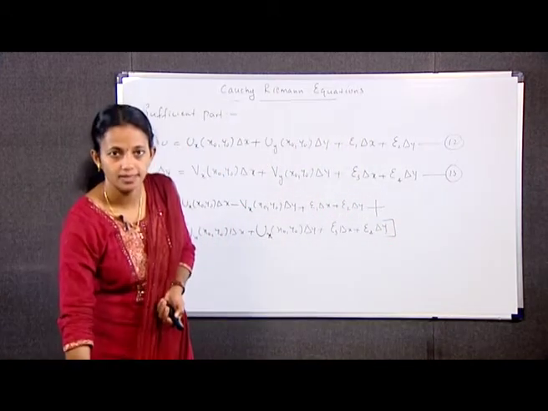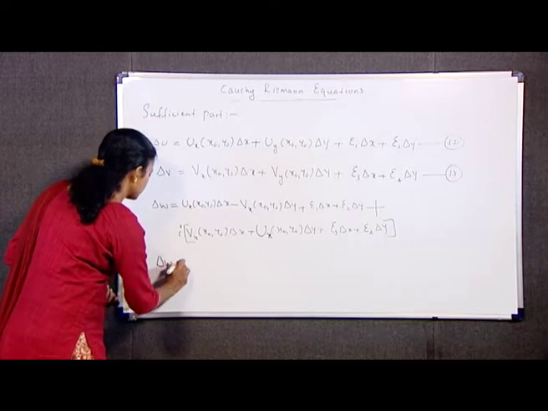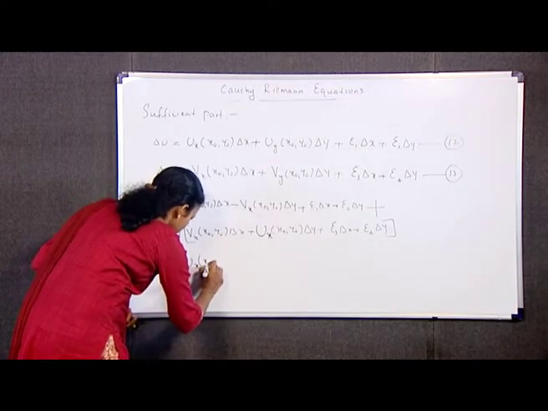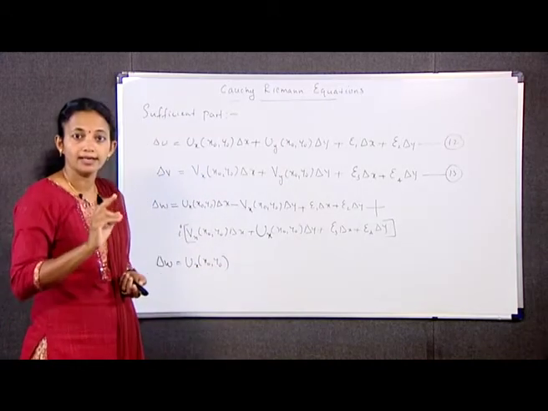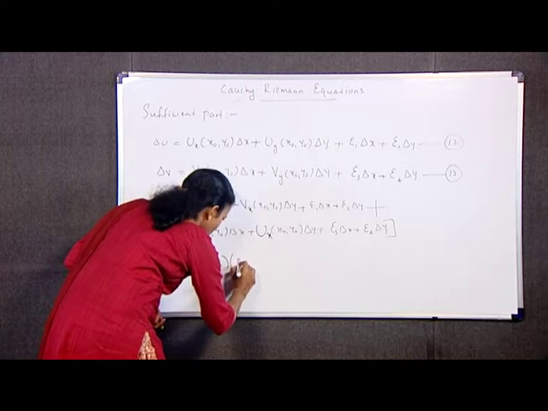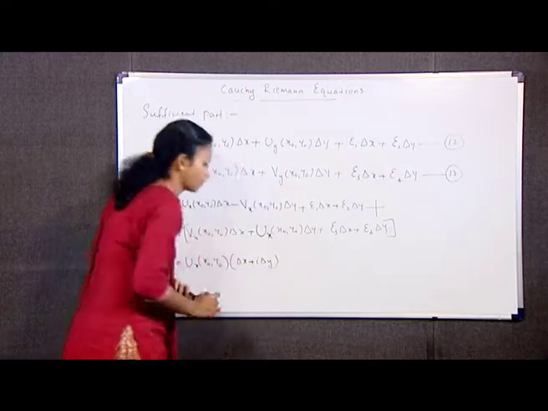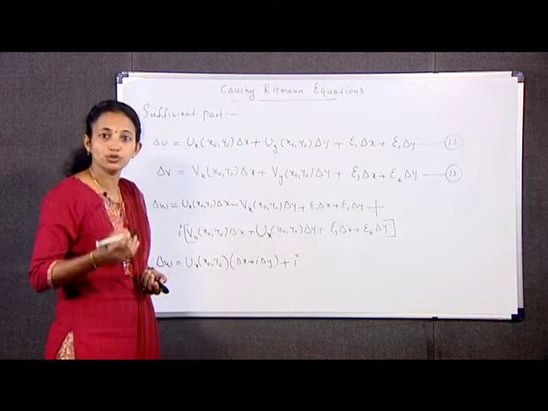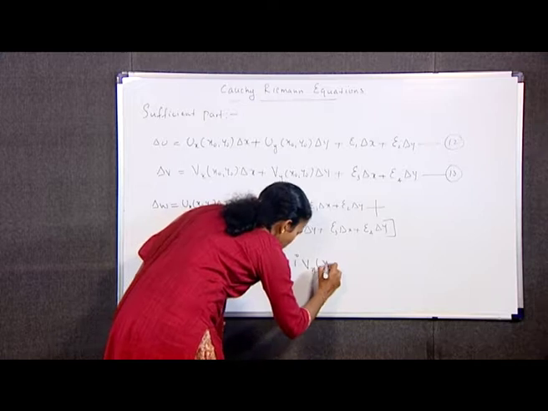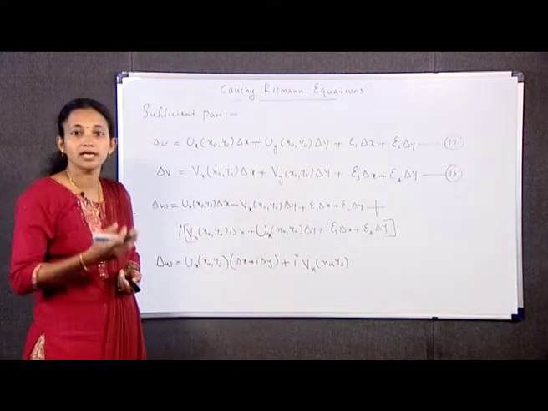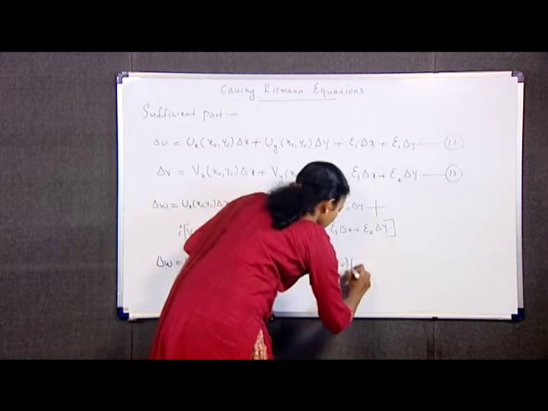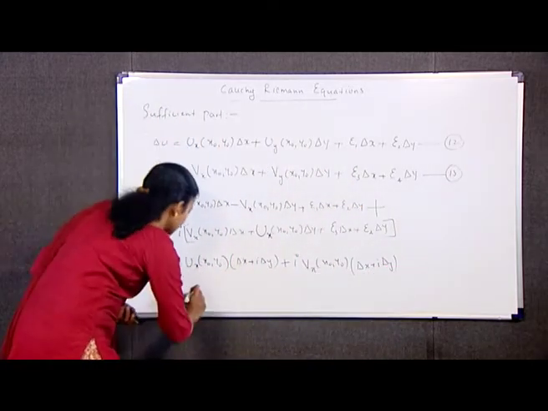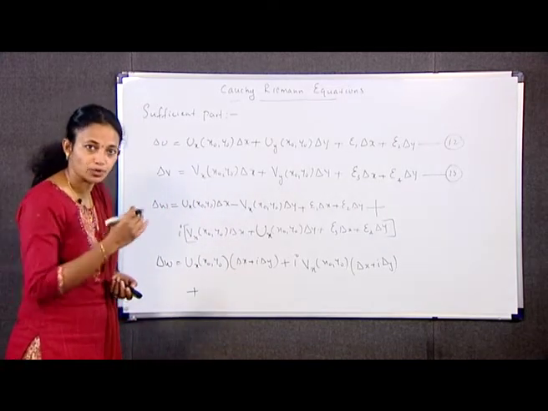Okay. That is, I can write delta w is equal to ux(x naught, y naught) into (delta x plus i delta y), combining this, plus i into vx(x naught, y naught) into (delta x plus i delta y), plus the other terms: epsilon 1 plus i epsilon 3 into delta x.